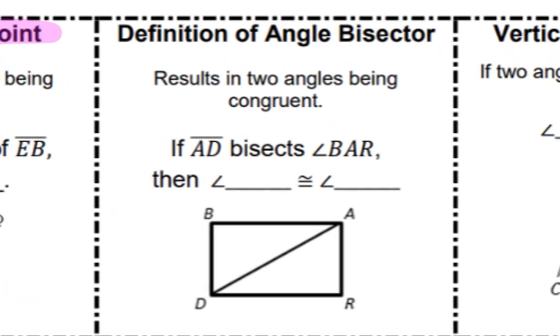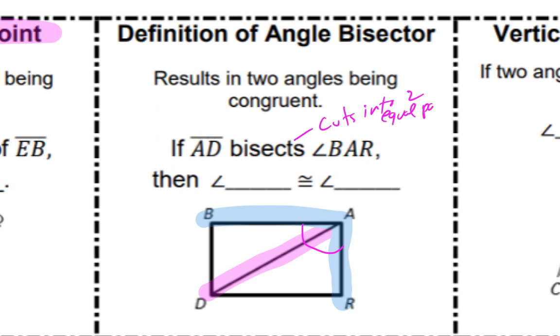What if I told you that AD bisects angle BAR, line AD, so this one right here, bisects BAR. Bisects means cuts into two equal parts, right? So if it cuts an angle, it cuts this angle into two equal angles.